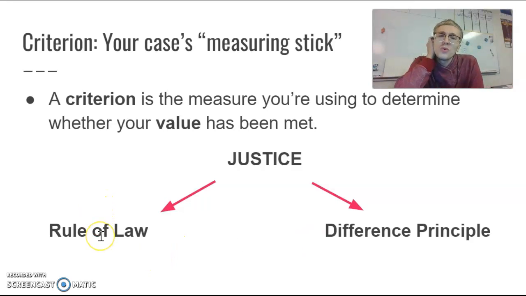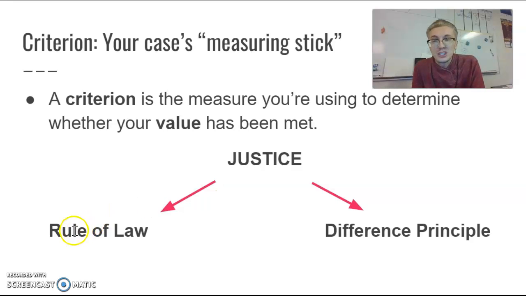Okay, so rule of law is basically the idea that no one is above or below the law. A just society is one that has laws and follows those laws consistently and without exceptions.